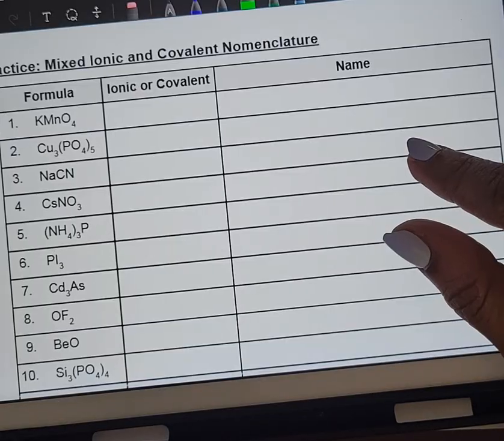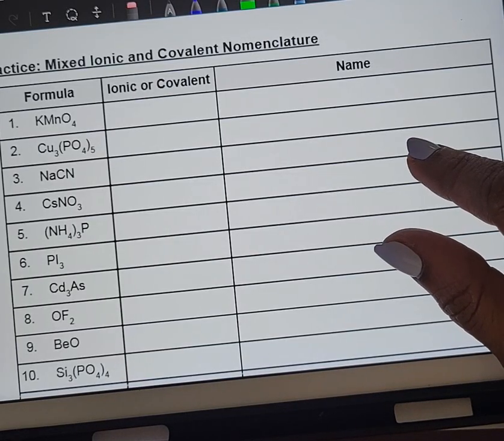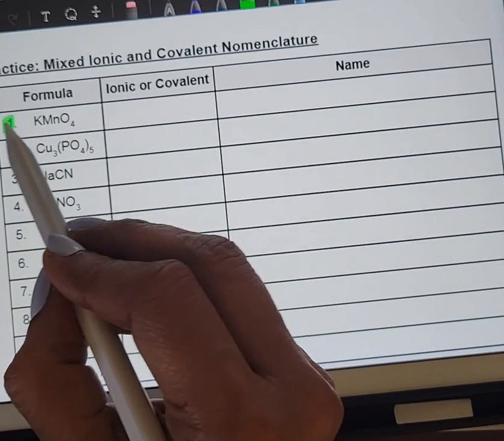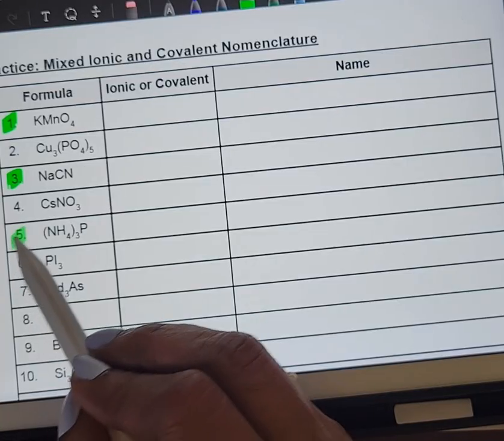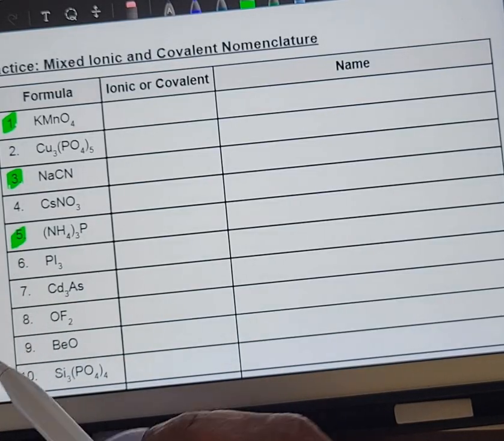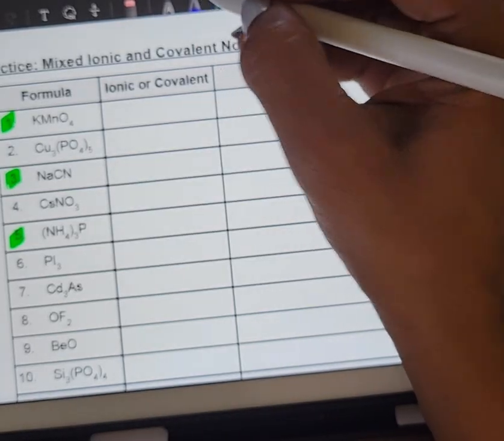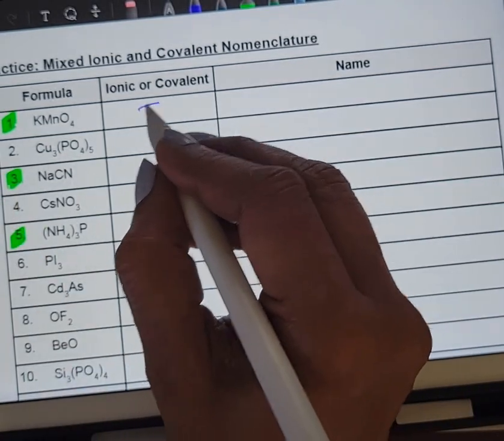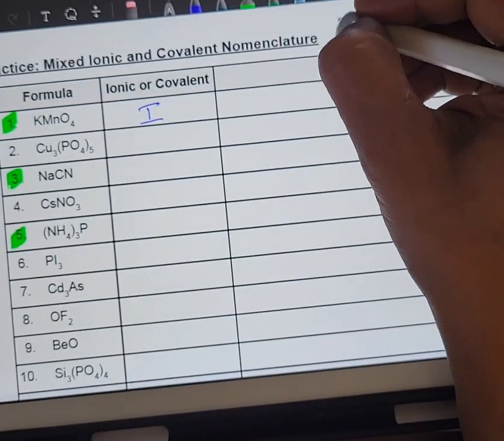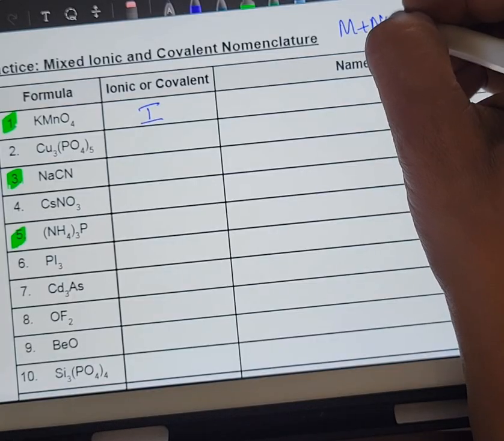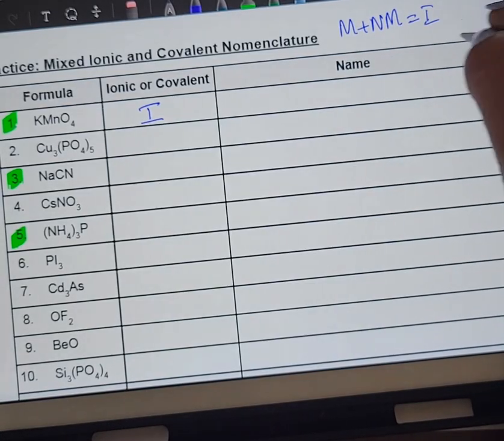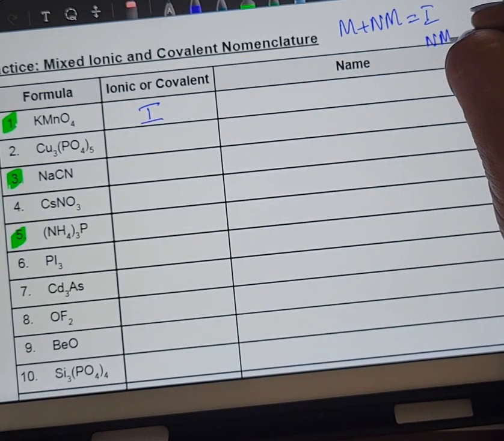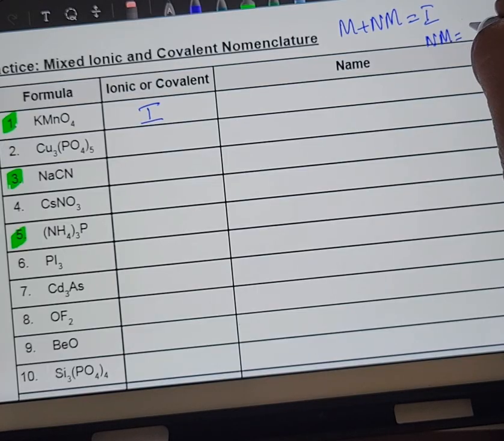Here it is a combination of ionic and covalent. The same thing, do all the odd ones, okay? Rest of them we will do it. And the only one thing you have to remember, if you see a metal and non-metal, that will be ionic. Remember, metal, non-metal will be ionic. And if there is non-metal and non-metal, it will be what?